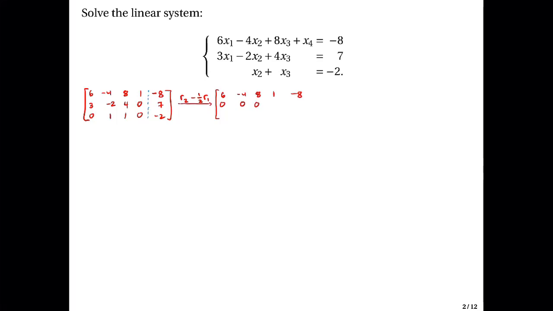Here we will have 0 minus 1/2 of 1. So we have this fraction, but that's just fine. Then 7 minus 1/2 of negative 8, so 7 plus 4, that is 11. For the third row, we just copy 0, 1, 1, 0, negative 2.